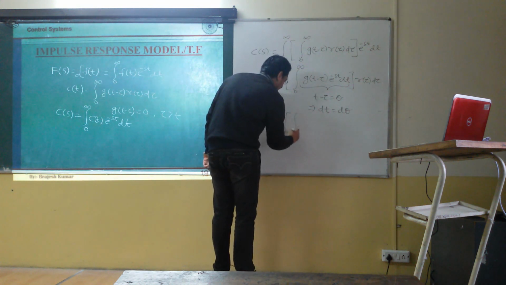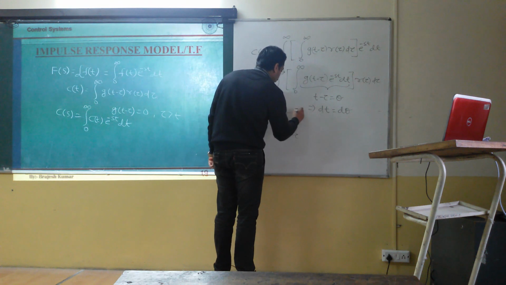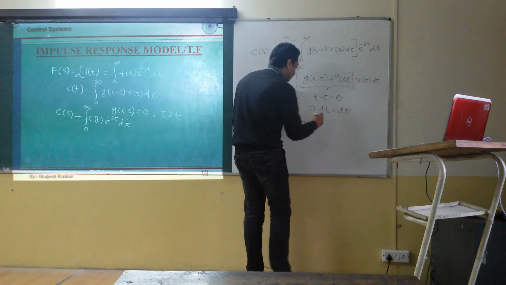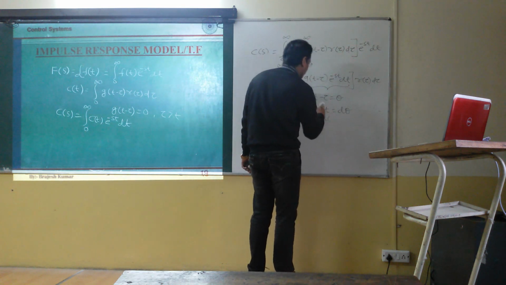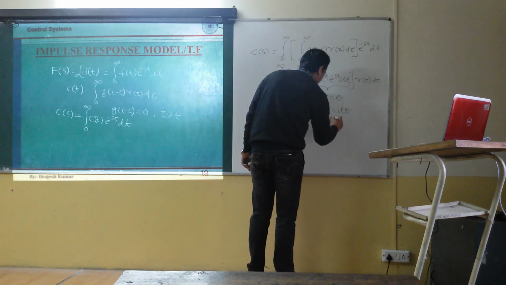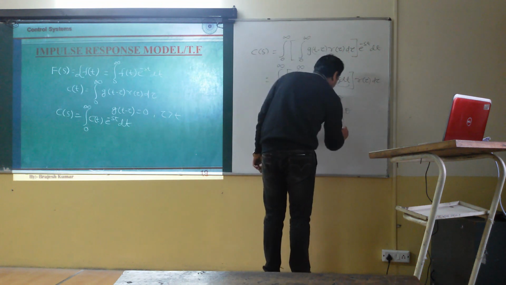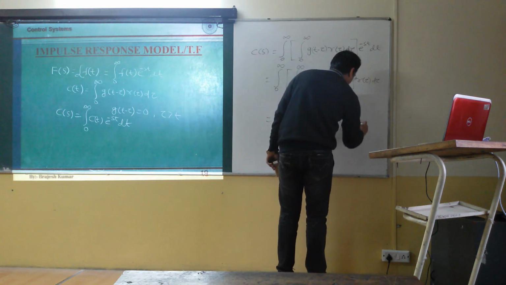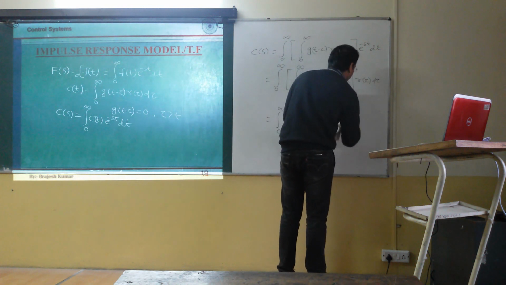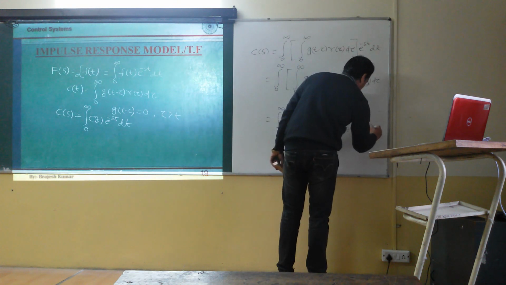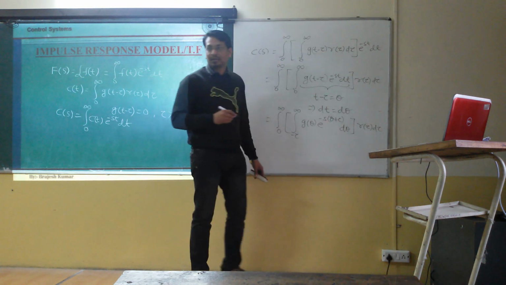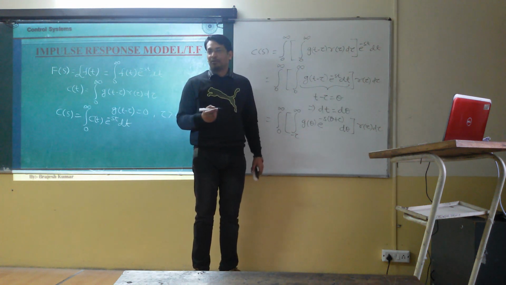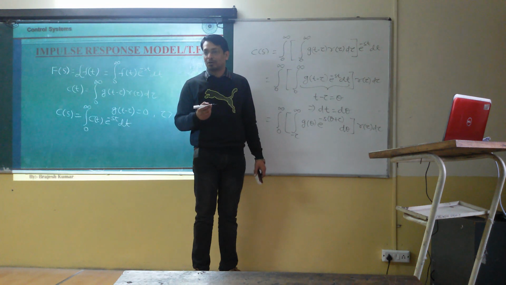Then the integral from minus tau to infinity of g(theta) e to the power minus s(theta plus tau) d theta, multiplied by r(tau). Correct till now? Now listen. Once again I am going to use the information that our system is a causal system.